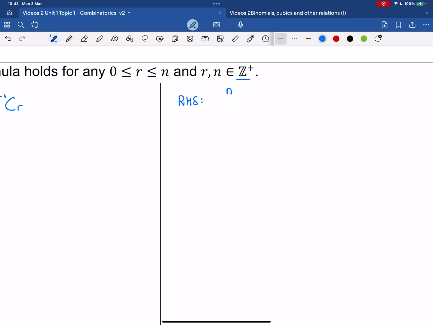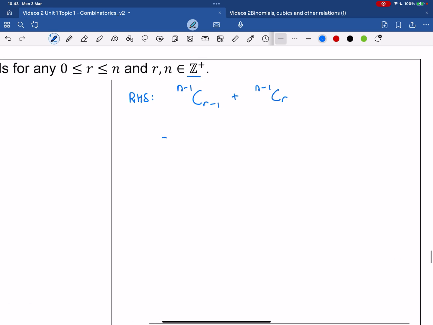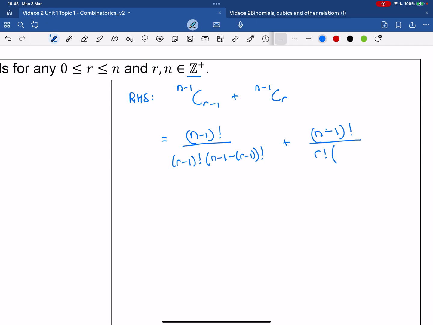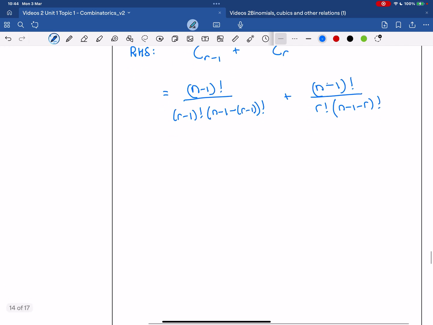So what we have here is n minus 1 C r minus 1 plus n minus 1 C r. And I'm going to put that into my formula. So n minus 1 factorial over r minus 1 factorial times n minus 1, now be careful, minus r minus 1 factorial, plus n minus 1 factorial over r factorial, and then n minus 1 minus r factorial. Okay, let's just see if we can put that up a little bit.